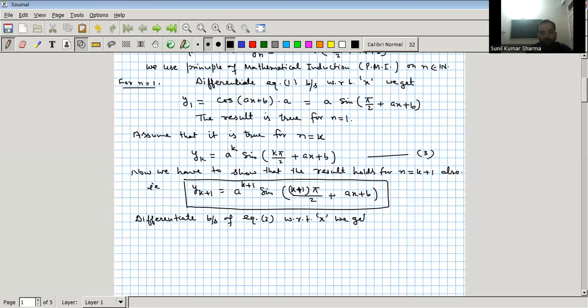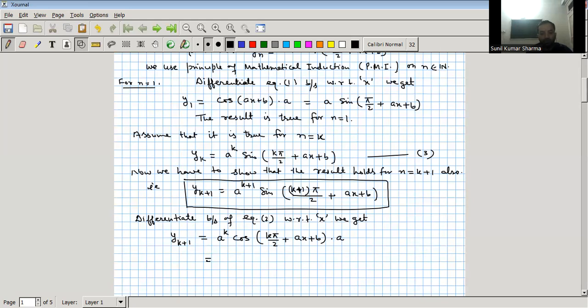We get yk plus 1 equal to a to the power k. Now what is the derivative of sine? That is cos of k pi by 2 plus ax plus b. This is the derivative of sine. Now one more time we differentiate k pi by 2 plus ax plus b, and then we get a.